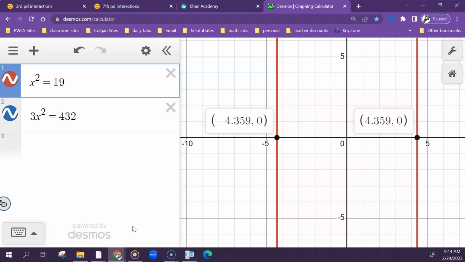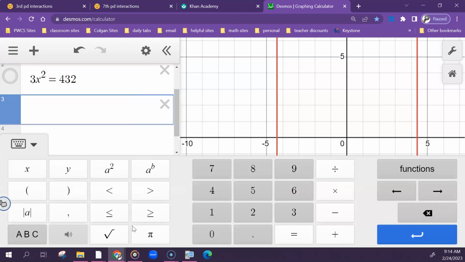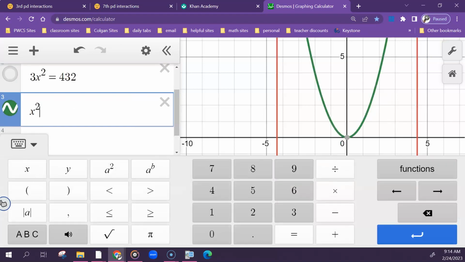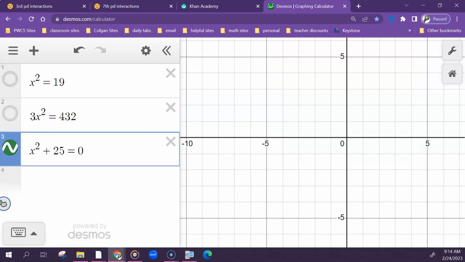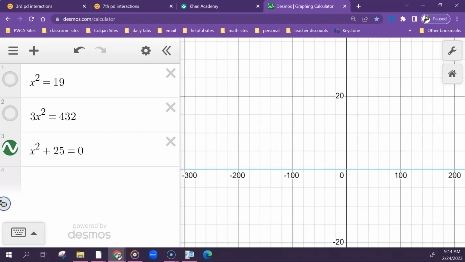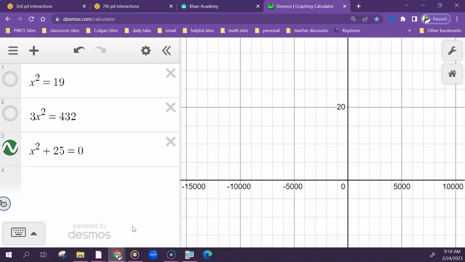The no solution ones are the only ones it won't. So if you type in something and no matter how much you zoom out, there's nothing, that's probably no solution. Okay? So definitely use that to check yourself.